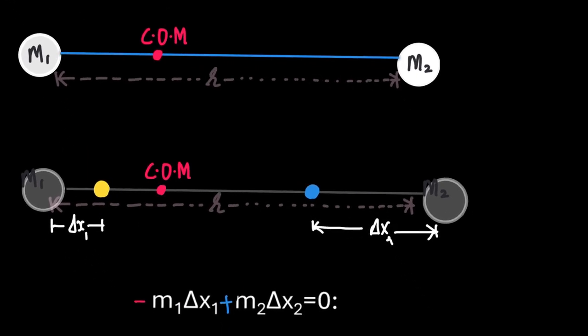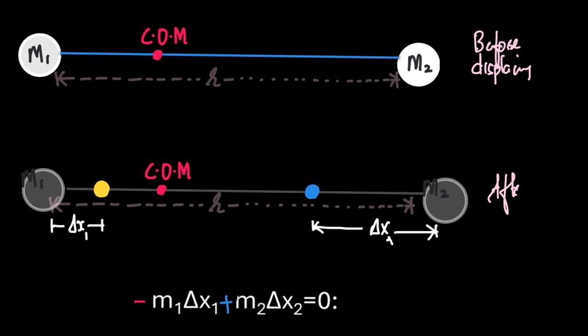Now let us try to visualize the given scenario. This diagram represents before displacing the masses, and this represents after displacing the masses. This mass here is m1, this is m2, previously m1 and m2.